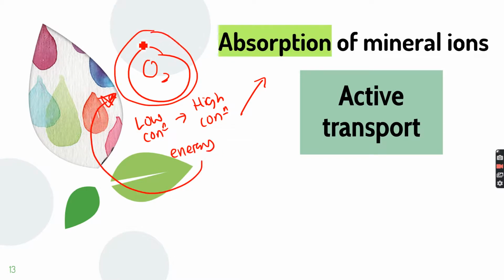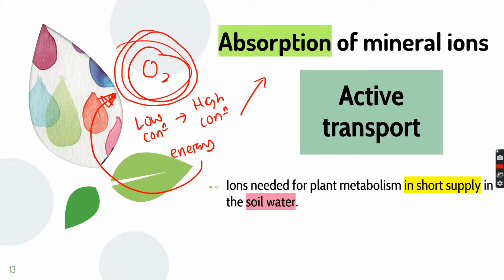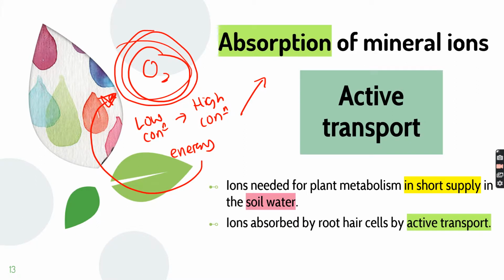And for respiration, you need a lot of oxygen to get a lot of energy. So ions needed for plant metabolism are in short supply in the soil water. That means there isn't a lot of minerals in soil water as compared to the concentration in the plant itself, because they need to keep these minerals.